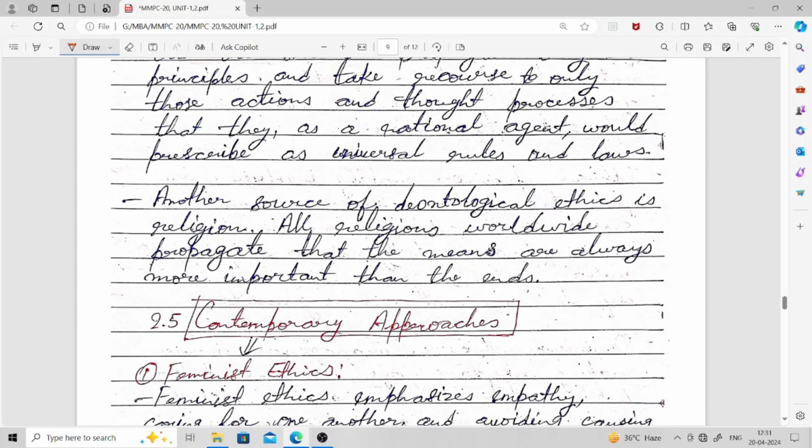All religions of the world preach that means are more important than the end. But in case of teleological, it was just the opposite. There the end was deciding whether the decision was right or wrong. But here the emphasis is given on the means, not the ends.